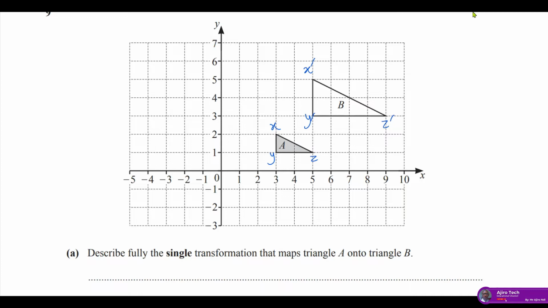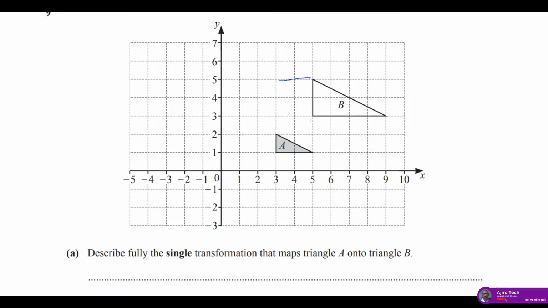So this is an enlargement. Since it's an enlargement, you need to find the center of enlargement. There are two ways.